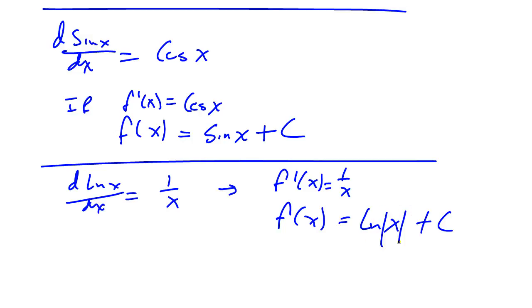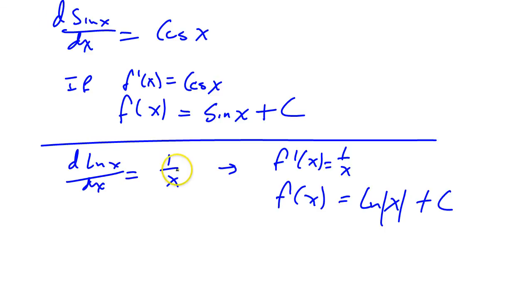I'm going to save that discussion for another video, but really what it boils down to is that 1 over x is defined for x positive or negative, not 0. But natural log of x is only defined for positive x's. And it turns out, because of the symmetry of this function, slapping an absolute value in there will make that work. I'll discuss that in another video.